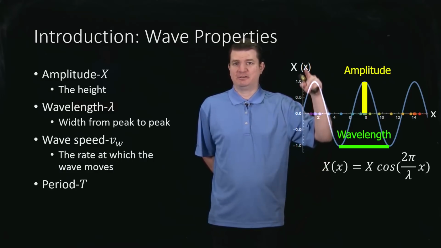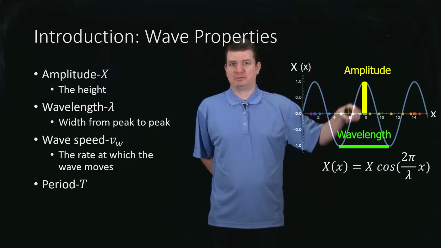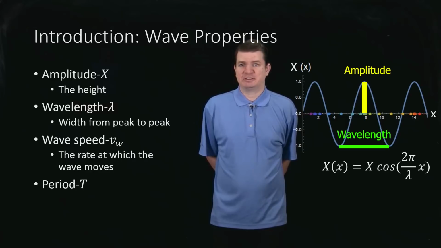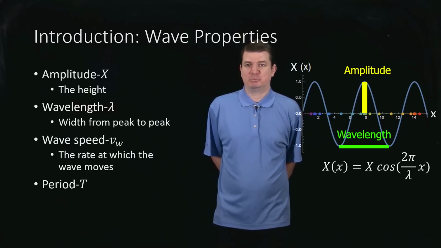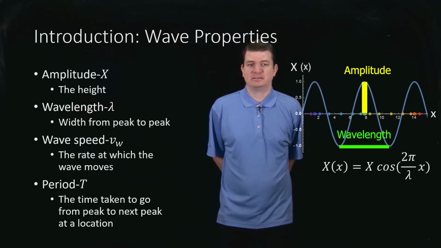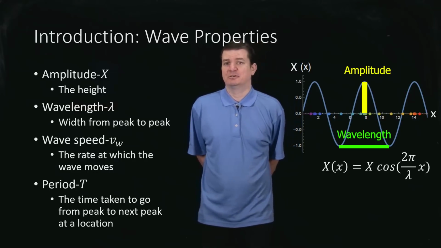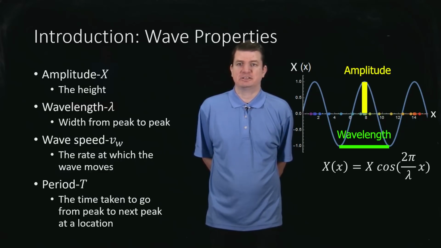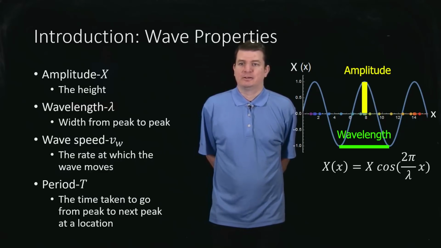Or, equivalently, how long does it take for me to travel one whole wavelength? That is what the period is describing, the time to complete one cycle of getting back to where I started in this oscillatory motion. So, for example, the time taken to go from peak to peak at its current location, or at some particular location that you choose.